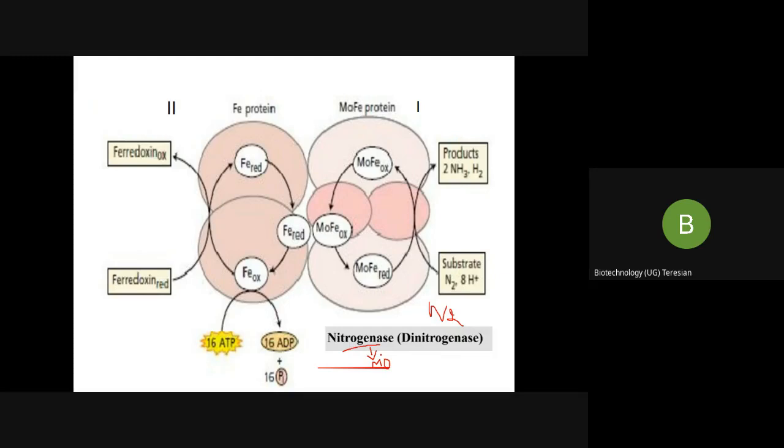And we also told that the conversion of nitrogen into ammonia is a very expensive process. It requires a lot of energy. To convert 1 mole of nitrogen, it uses up 16 ATP molecules. That is why it is an expensive pathway.